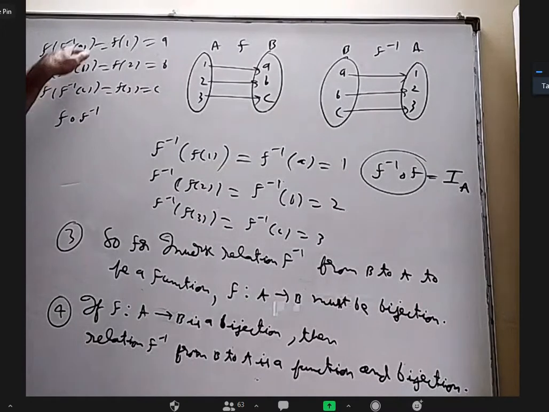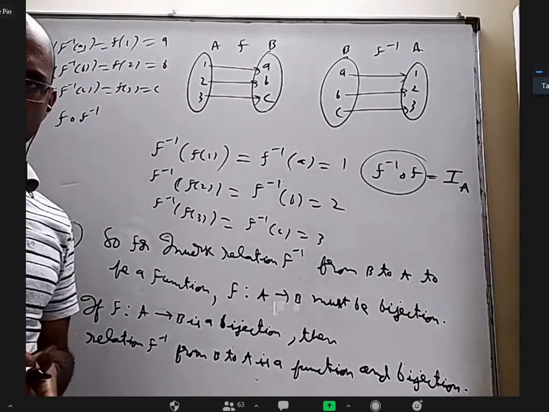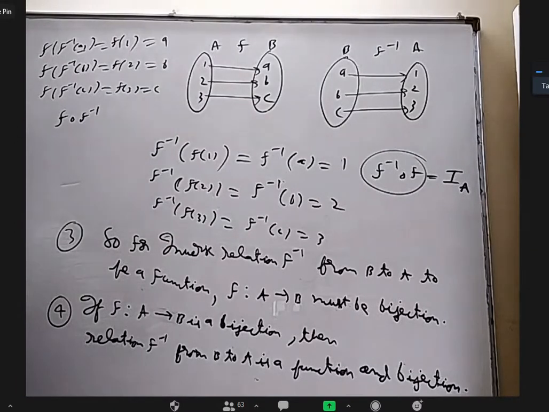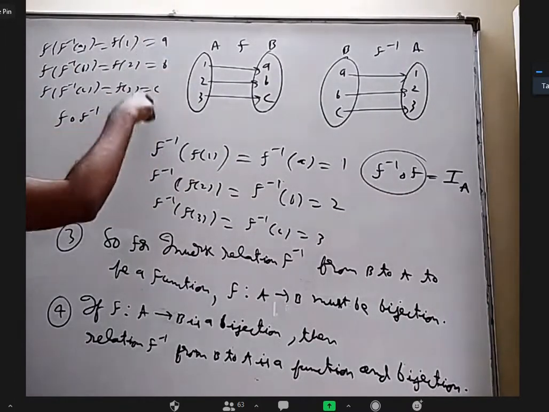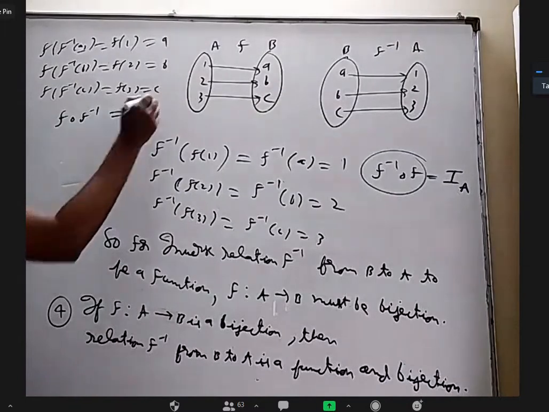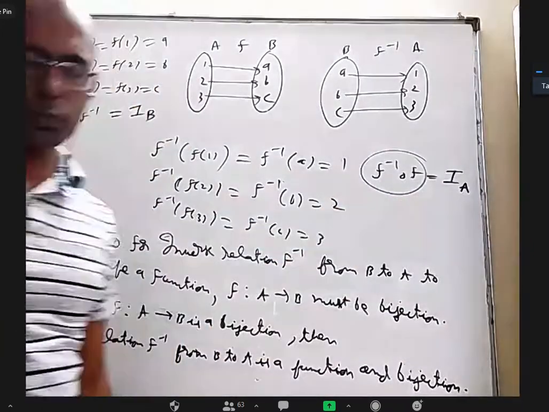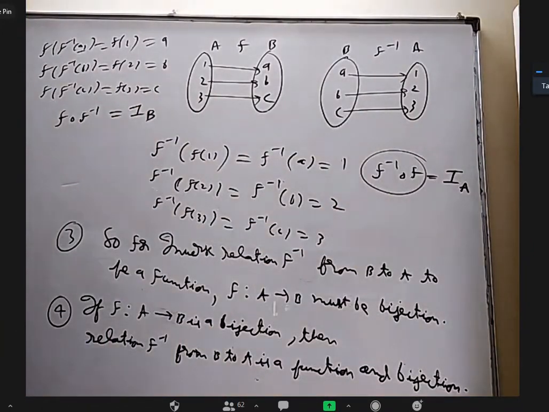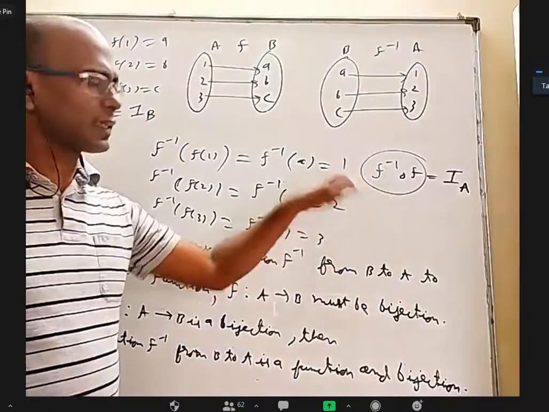Here also you can see the function f circle f inverse. Image of A is A, image of B is B, image of C is C. That is also an identity function. But from which set to which set? B to B. Your input is A, B, C, which is set B, and your output is also A, B, C. So this is also an identity function, but I_B. I_B means the identity function from set B to set B, and I_A means the identity function from set A to set A. We will discuss the proof in a theorem later.